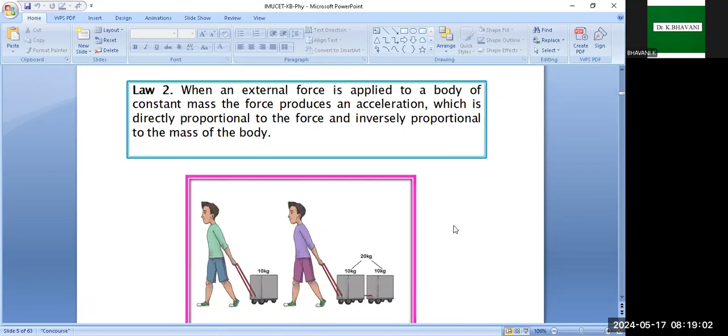And the second law: when an external force is applied to a body of constant mass, the force produces an acceleration. Based on the force, the mass attains acceleration. This acceleration is directly proportional to the force and inversely proportional to the mass of the body.